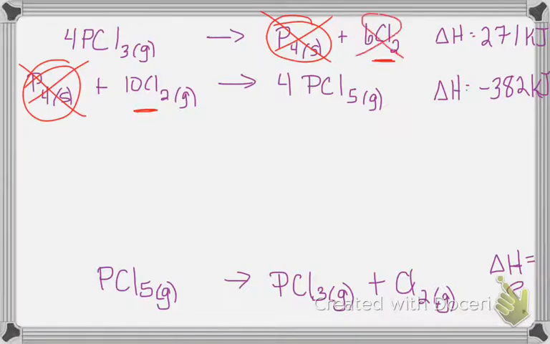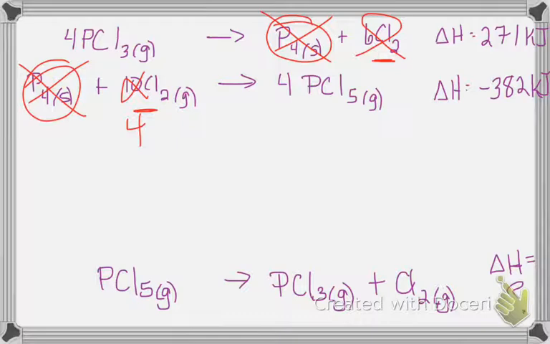Couldn't I cancel out all of these and then be left with 4 right here? Because it kind of goes back to your math. Whatever you do to one side, you've got to do to the other. So essentially what I just did, y'all, is I subtracted 6 chlorines from the right and I subtracted 6 chlorines from the left. That left me with 0 on the products and 4 on the reactants. Okay? So you subtracted. I subtracted, yes. Okay.